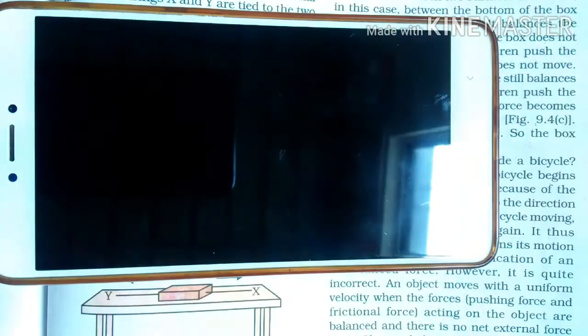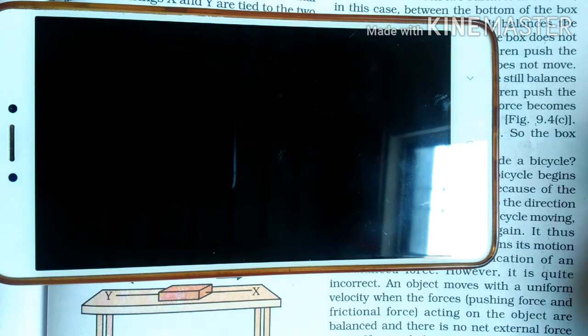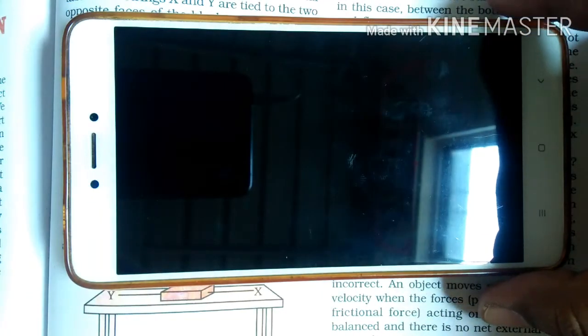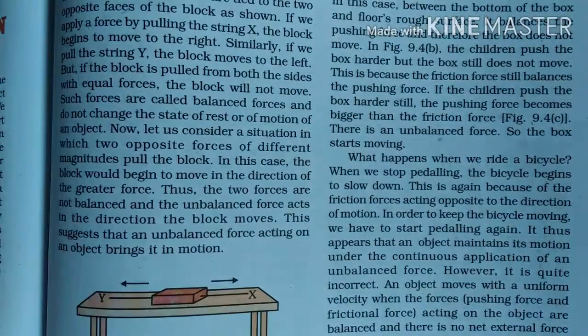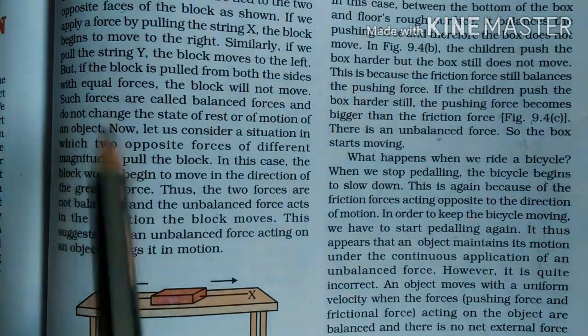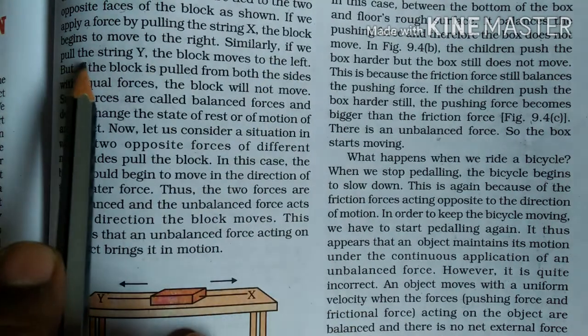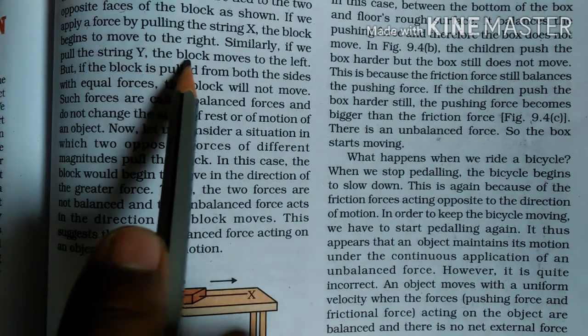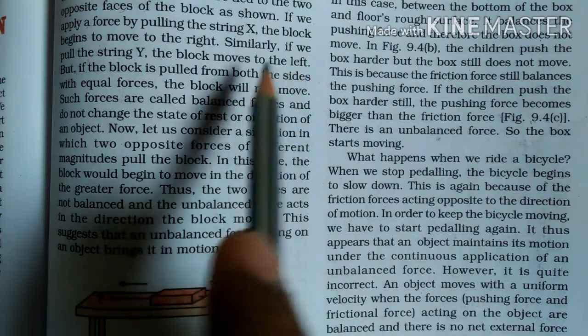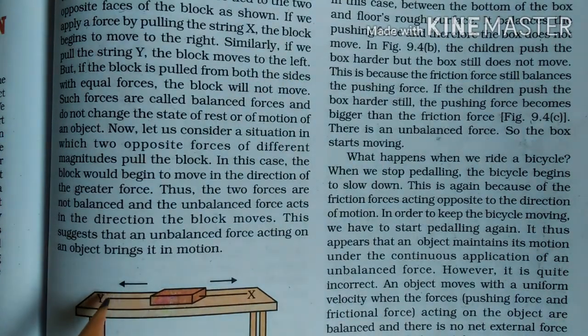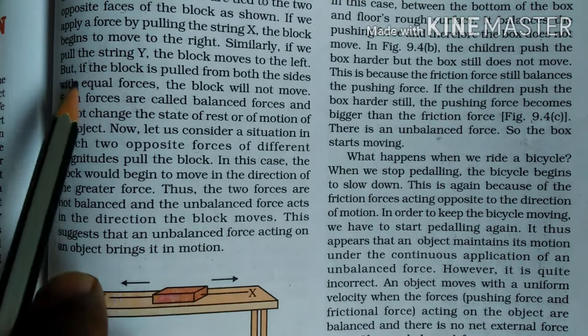If I pull this mobile on the right hand side, it moves towards the right hand side. Similarly, if we pull the string Y, the block moves to the left. In the same way, when we pull on the Y side, this block moves to the left side.